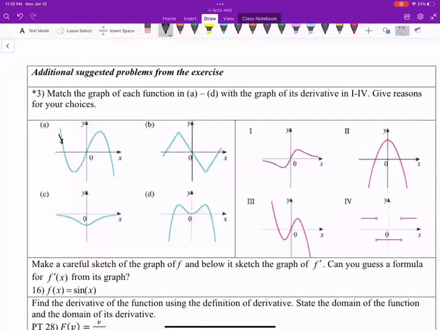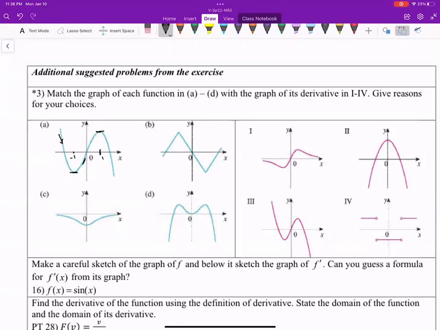You notice that it starts off negative, then it goes to 0, then it goes positive, then it goes to 0 at this point. If I call this point 1 and this point -1, then at -1 the graph will cross, and at +1 the graph will cross in the derivative.